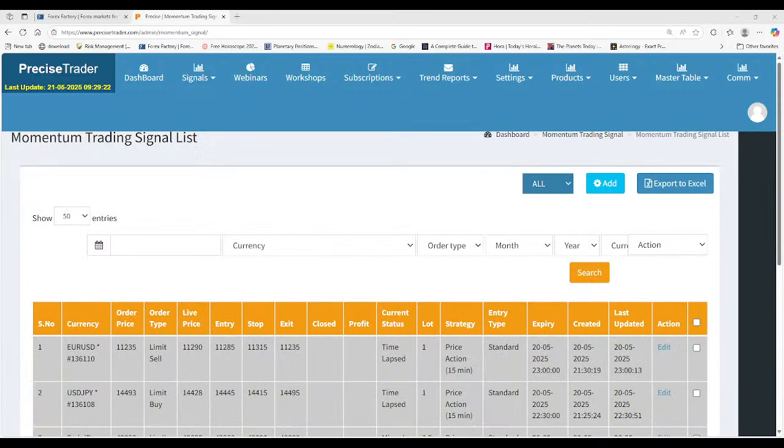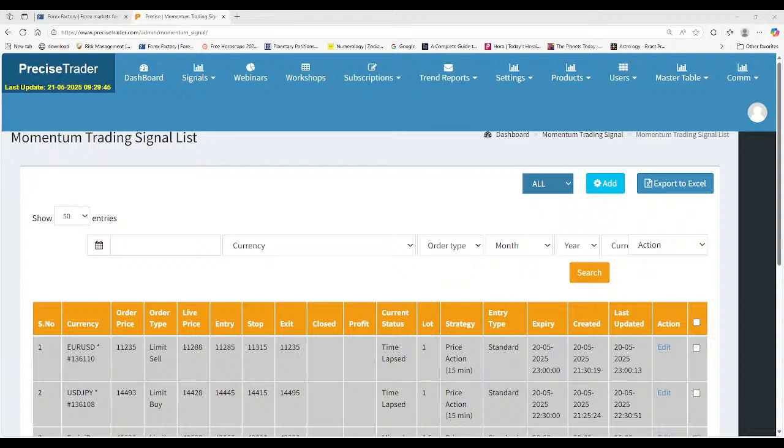So the TP should be either 80. Let me give the stop loss and TP. The TP should be either 45 or 44.80. If it breaks, then it can go higher towards 45.30.